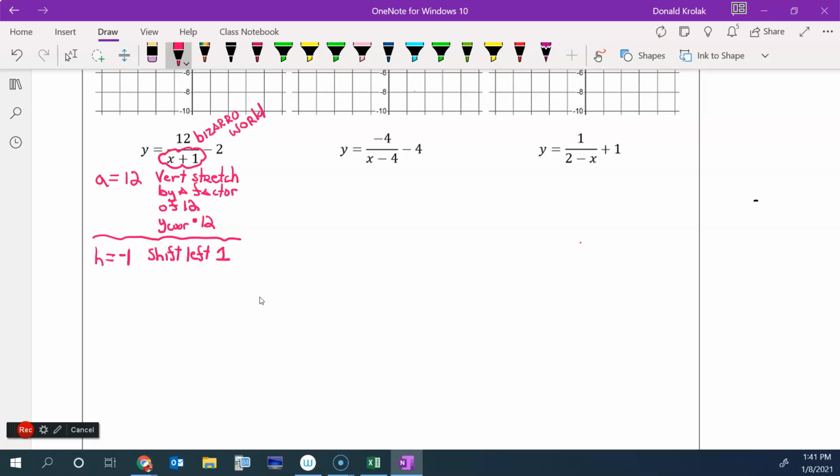And the way that I do that is I take my x coordinates and I subtract 1. And the h gives me my vertical asymptote and my domain. Vertical asymptote is at -1. So the graph is never going to cross that vertical line. So that means the domain will never have a -1 in it.